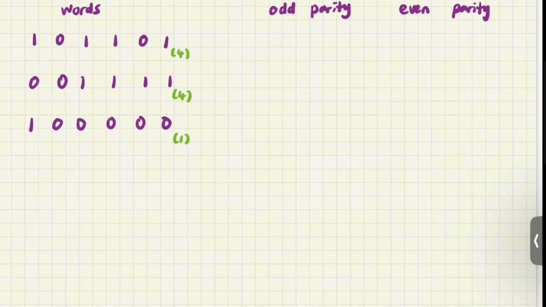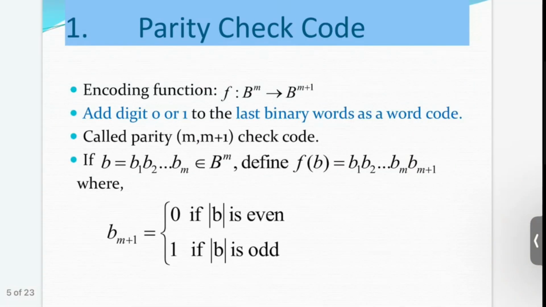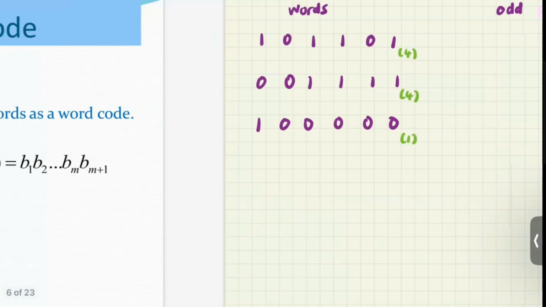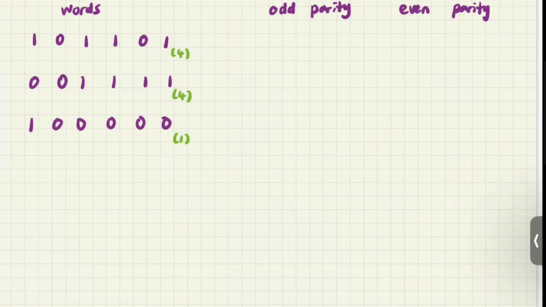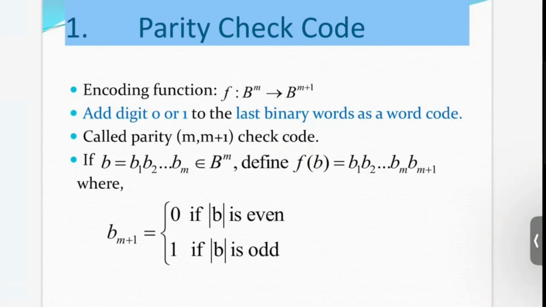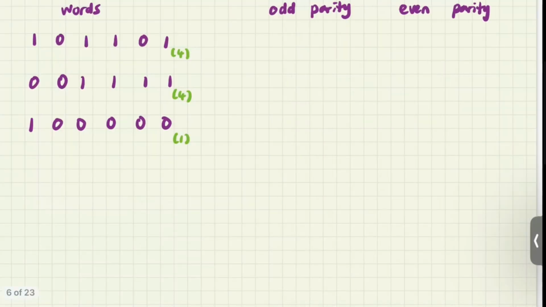So for odd parity, this one is even. If it is even, then you have to add 1 to make it odd and 0 to make it even.